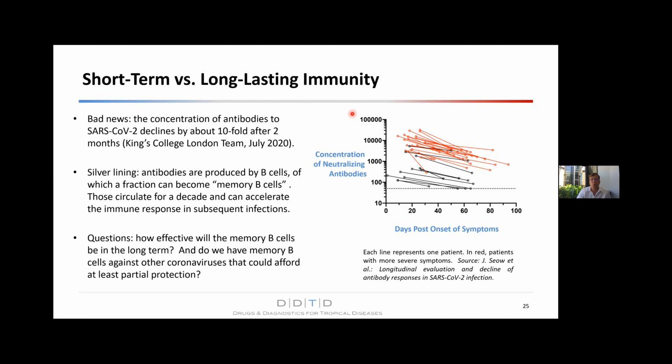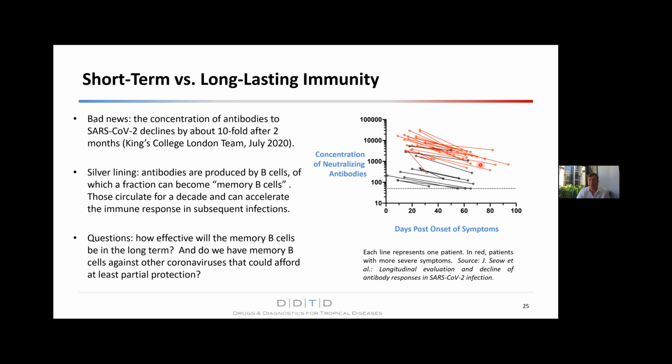And on the y-axis, you have the concentration of neutralizing antibodies on a logarithmic scale. Each patient is described as a straight line. If we take this patient here, these were the levels of antibodies about 12 days after infection, and 2 months after infection, they have declined. And that's true for every single patient.